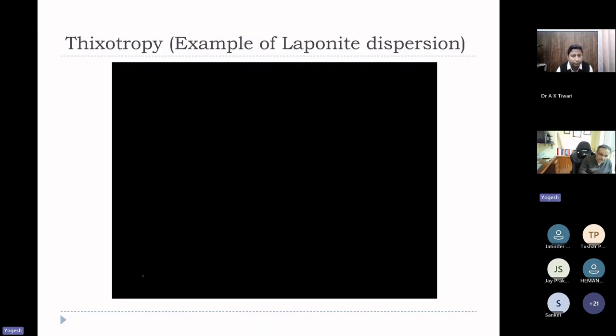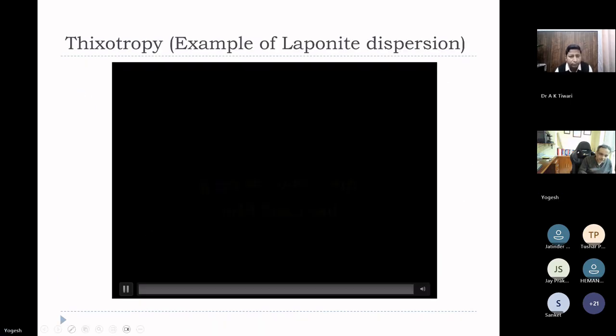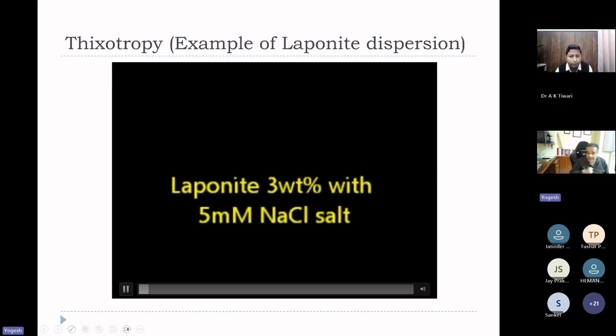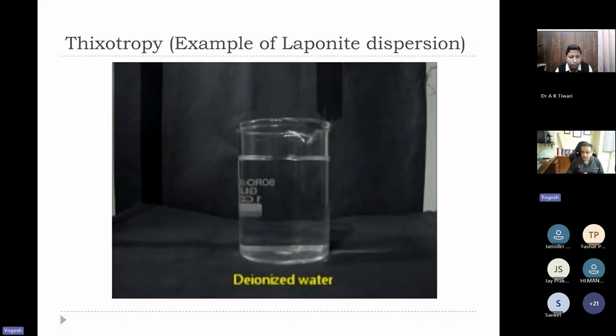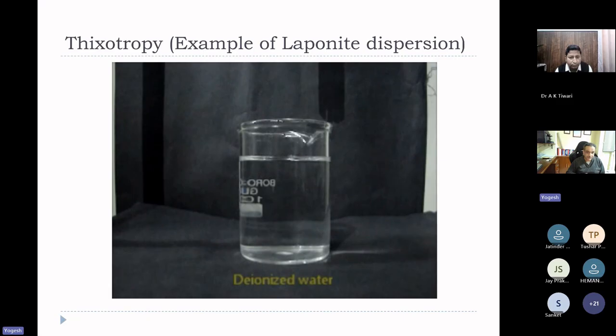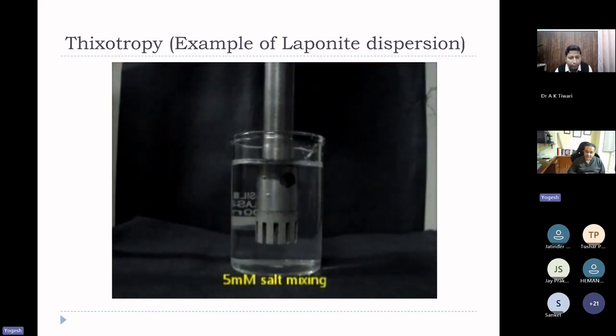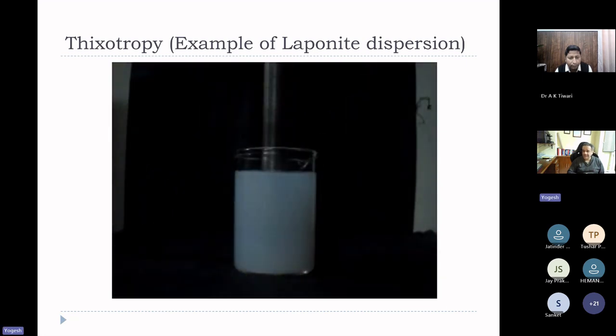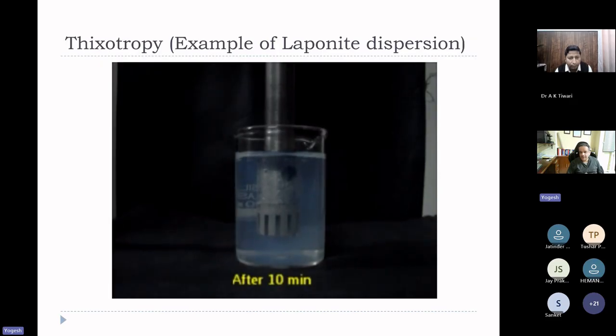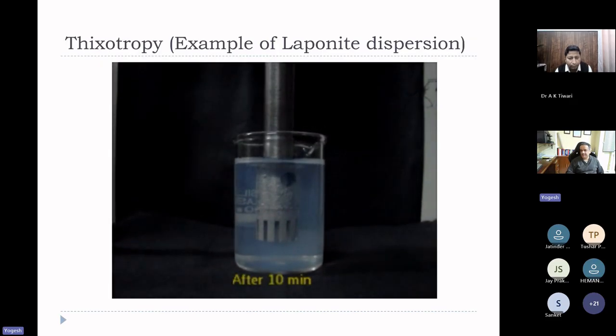Just to show how dramatic this behavior is, I'll show you this beautiful video. You take water, and you add laponite into it. First, salt is added. Salt essentially accelerates the whole behavior. Then laponite is added. When you add laponite, water becomes milky white, but eventually the white color becomes practically transparent.